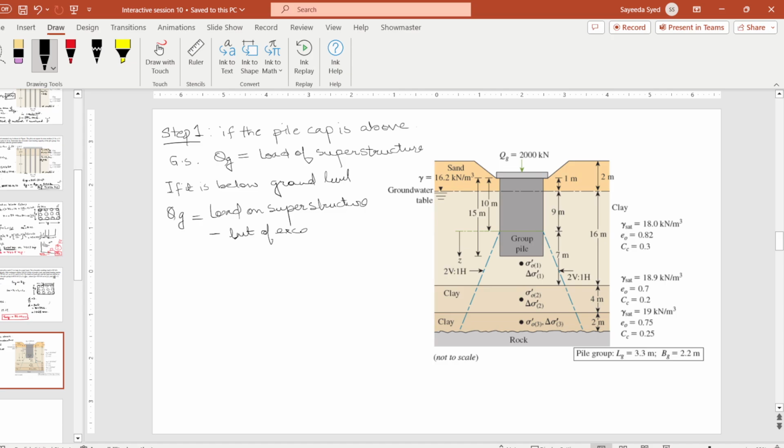Now we have identified the load on the pile group. What will be step two?